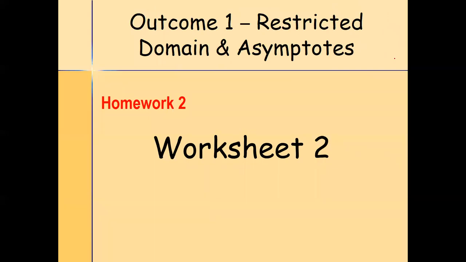So that means you'll be able to look at worksheet number 2 and do exercises 1, 2, 3. So you've got 3 exercises basically, and you're just going to apply what you've just done.